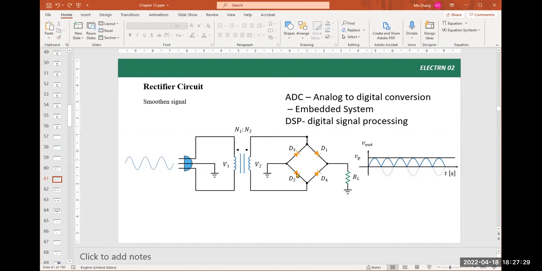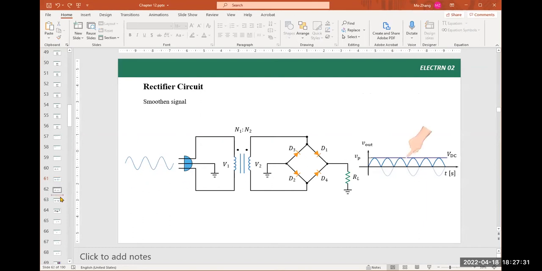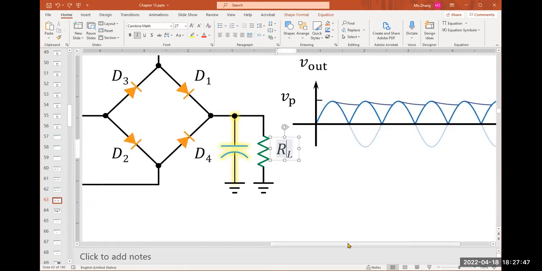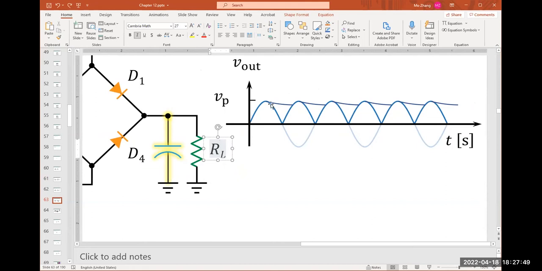So we can add a capacitor here. We can add a capacitor there. See, this is the new change. Look at here, this region where we're gonna add a capacitor parallel to the output RL, the load. And now this is the change to the output waveform.